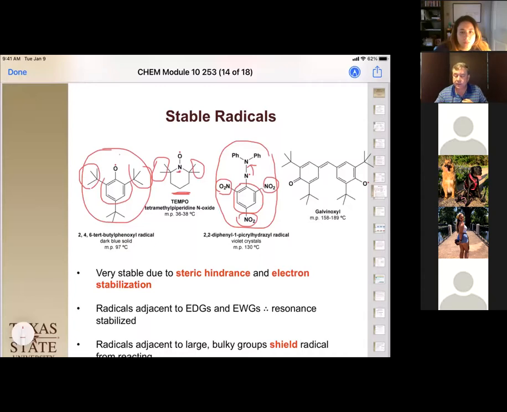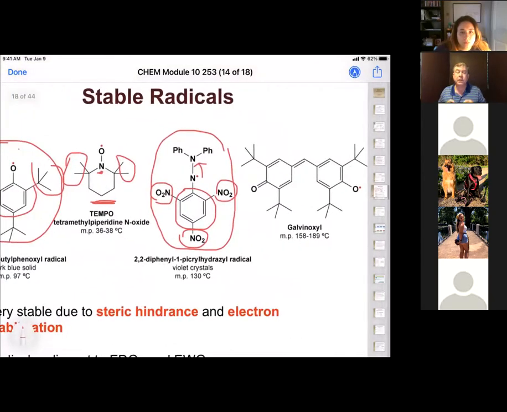And then this one's a little different because it has steric hindrance, but it also has resonance because we can move this double bond and have that radical come over to this side. So that radical can be on either one of those oxygens, and so it's stabilized across that entire ring.